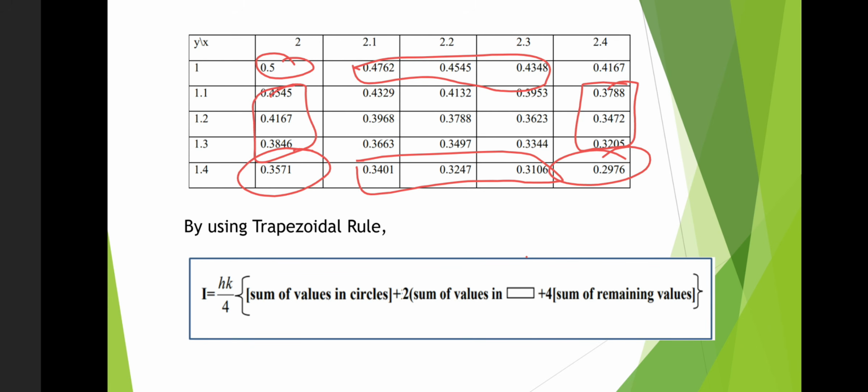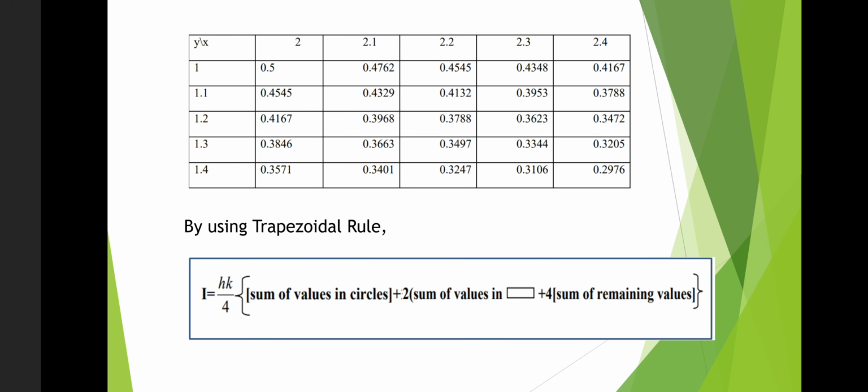Finally, the interior values are 0.4329, 0.4132, 0.3953, 0.3968, 0.3788, 0.3623, 0.3663, 0.3497, and 0.3344.